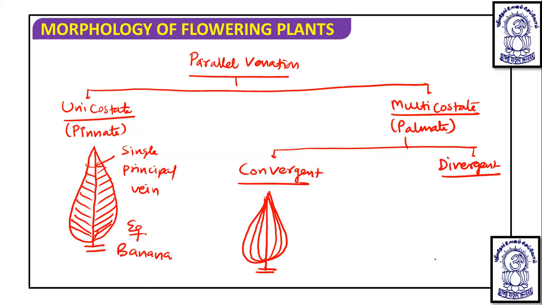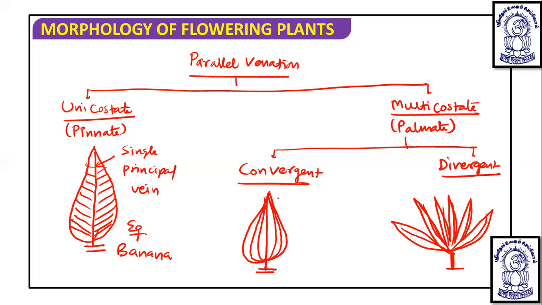But if they go away from each other, multiple principal veins going away from each other, it is known as divergent.